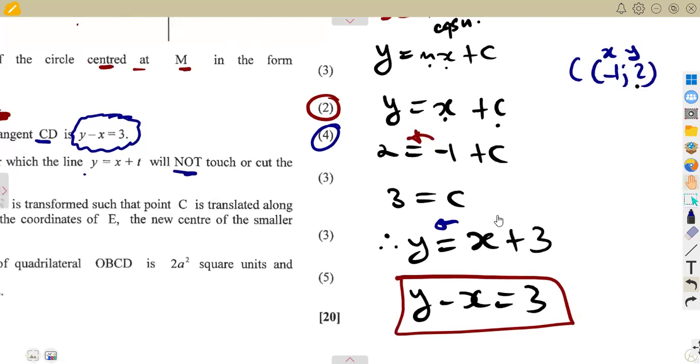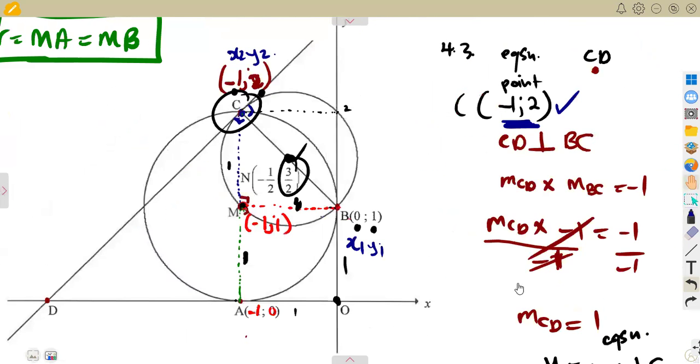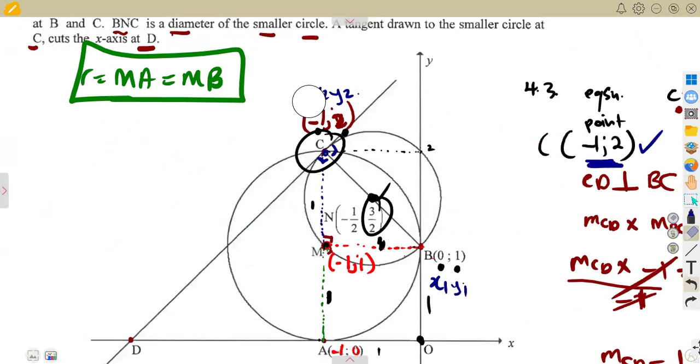Remember that. This tangent that we have, its equation is y is equal to x plus 3. That is the equation of the tangent.